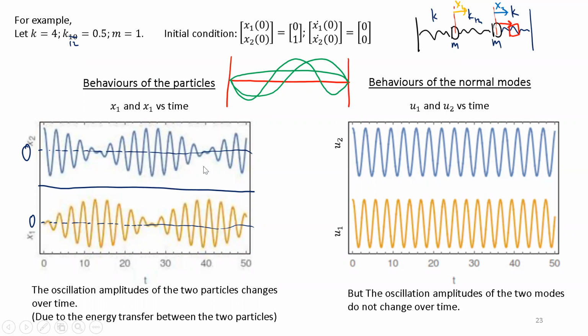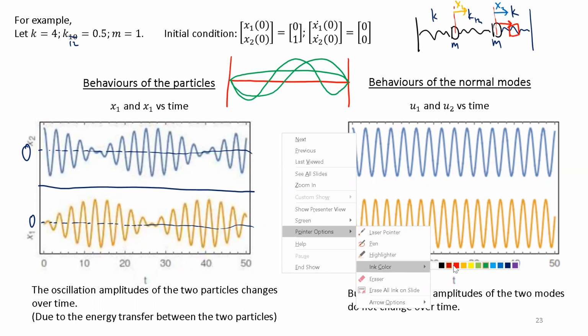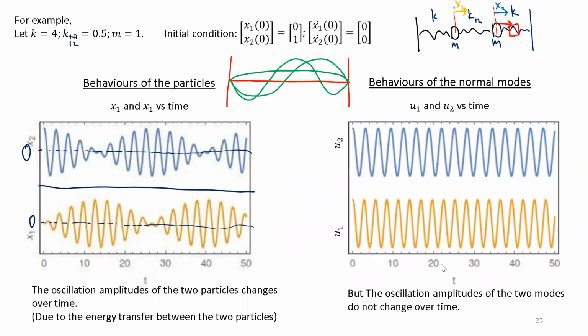Here we don't have a continuous string, we have two particles. But just imagine that we have a coupled oscillator with many masses connected with many springs, like n masses and then n+1 springs.